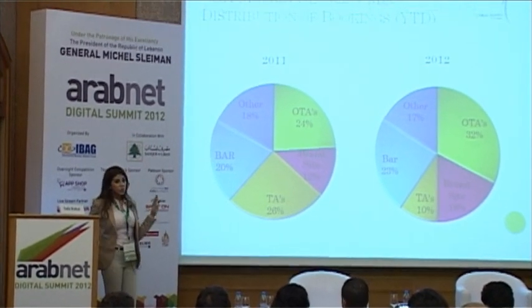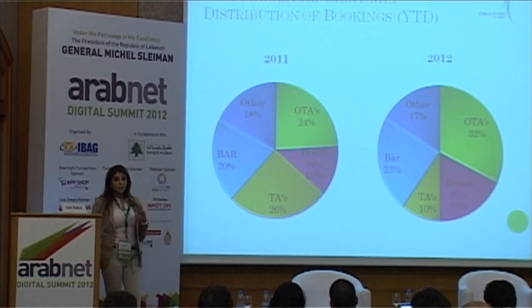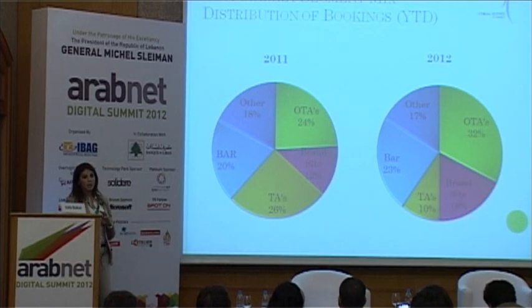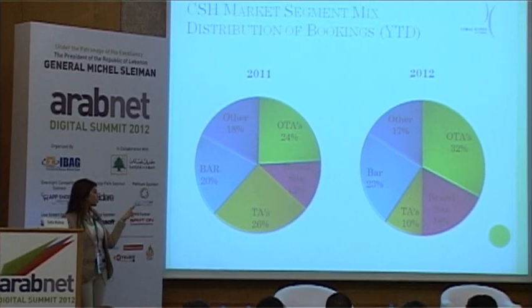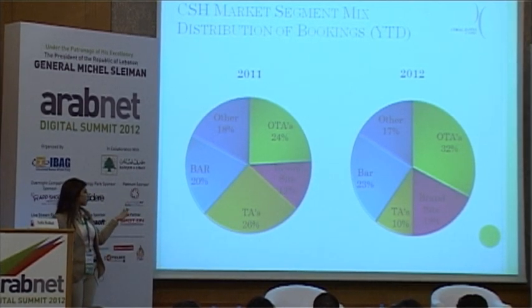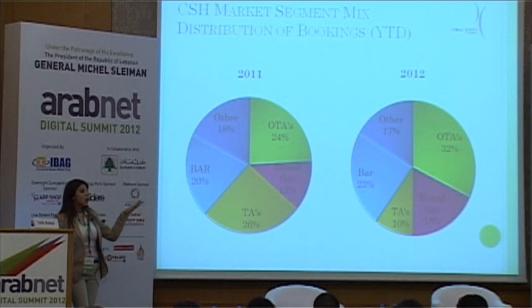As we reached year to date this year, our distribution of bookings has turned into 50% of our business. 50% of online bookings are mainly our business at our hotel. And if you look at the difference in the travel agencies' percentages, you can see that 6% have decreased for the travel agencies, which in an analysis can show that they decreased for the online booking.